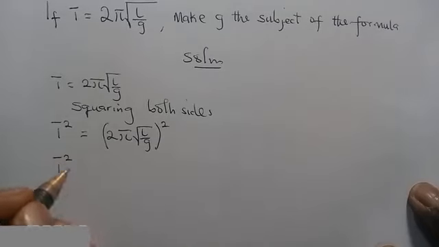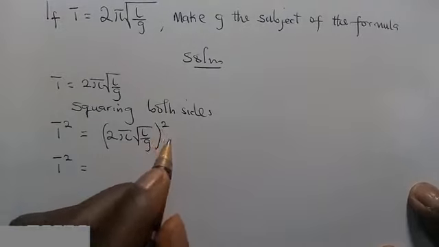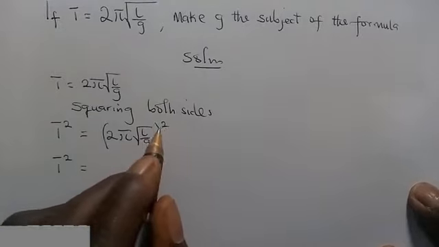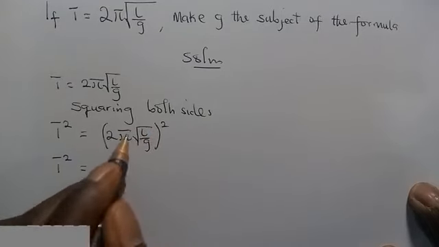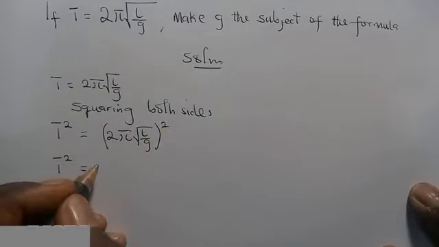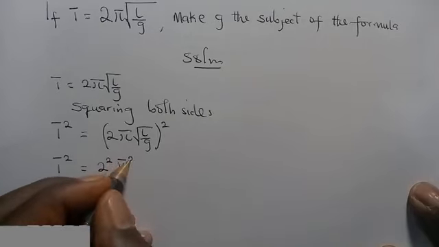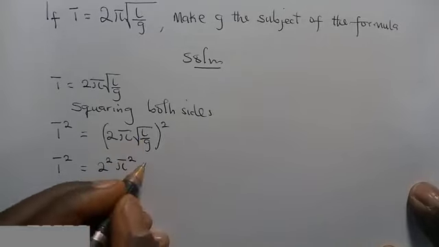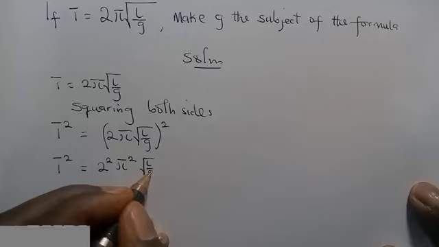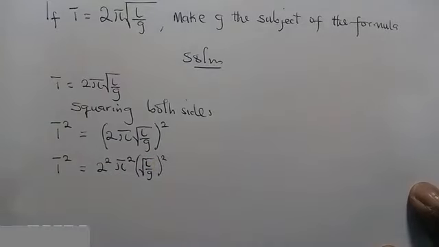T square will be equal to this square, from indices. This power you are seeing outside the bracket here applies to every term within this bracket. So it's the same thing as saying 2 square, pi square, then the square root of L over G also squared. Right?